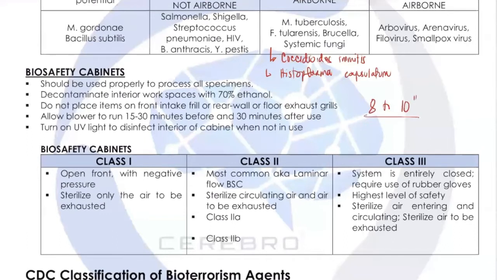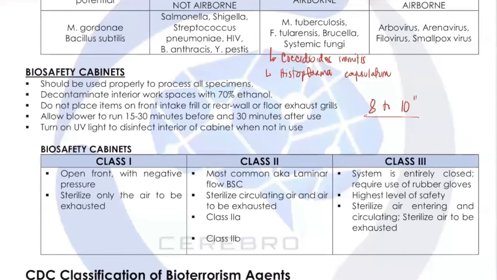Kasi pag masyadong malaki, no, if the opening is too wide, alam naman natin na merong alarm system, no, yung ating biosafety cabinets, and usually nag-a-alarm iyon if the sash opening is too wide. Okay? And syempre nako-compromise yung integrity ng environment sa loob if the sash opening is too wide.